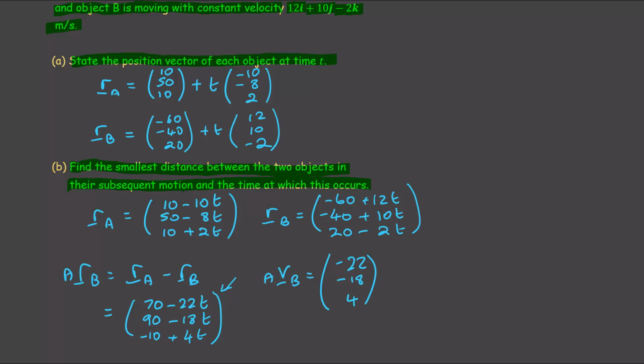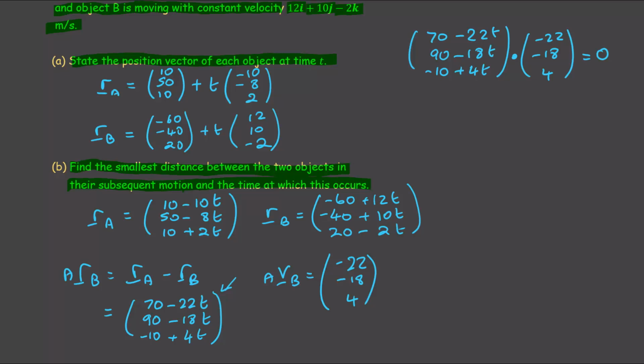So what we need is for 70 take away 22t, 90 minus 18t, and negative 10 plus 4t, dot negative 22, negative 18, 4 to be equal to 0.